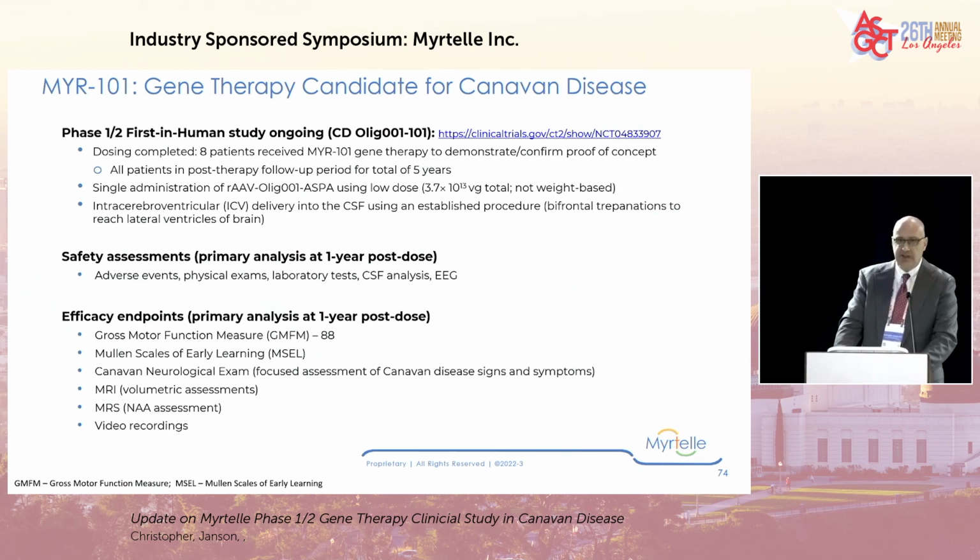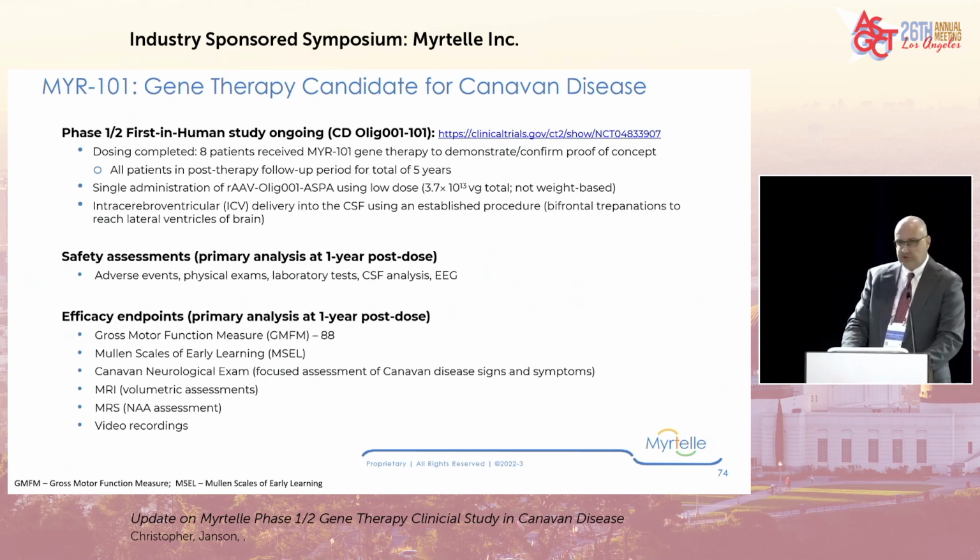In addition to safety, our primary clinical outcome measures are the gross motor function measure, or GMFM, and Mullen scales of early learning, both of which we selected in our original gene therapy study 20 years ago. In my opinion, these outcome measures are among the best available tools for detecting meaningful clinical outcomes in Canavan disease, and we have decades of natural history data to refer to.